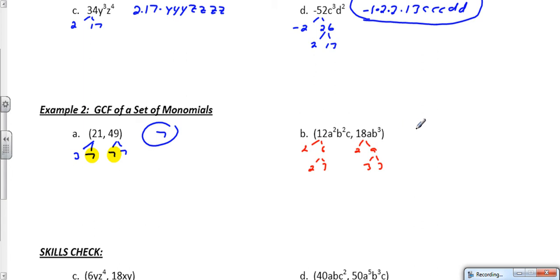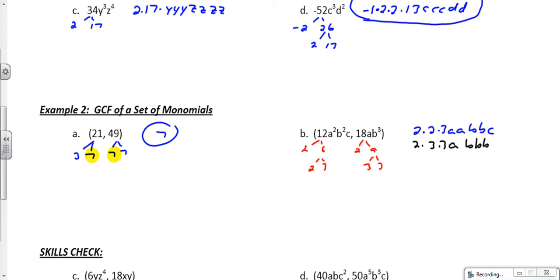The first one I'm going to write as 2 times 2 times 3, and then I'm going to put the letters A, B, and C. Then below that I'll write the other one, which is 2 times 3 times 3 times A, and then B, and B.